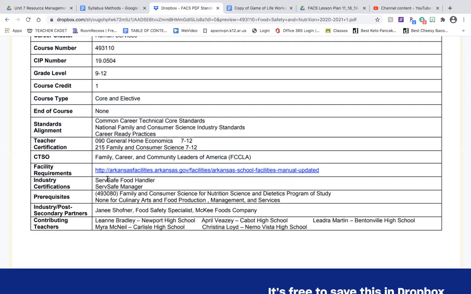ServSafe Food Handler, I think every single student but one has passed this because it's so easy, especially if you're putting this content at them every day. They actually got 3 tries on it too, which helps.